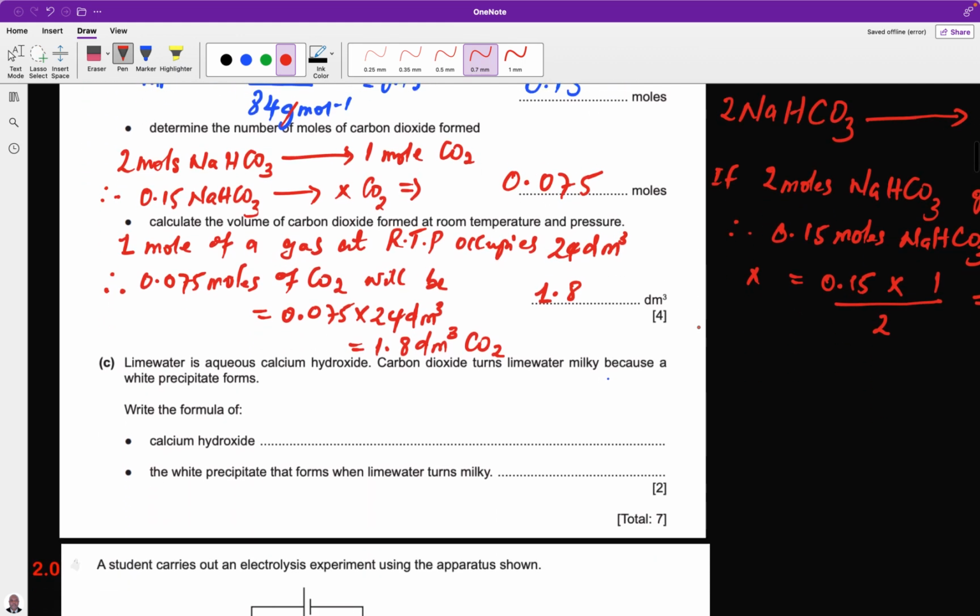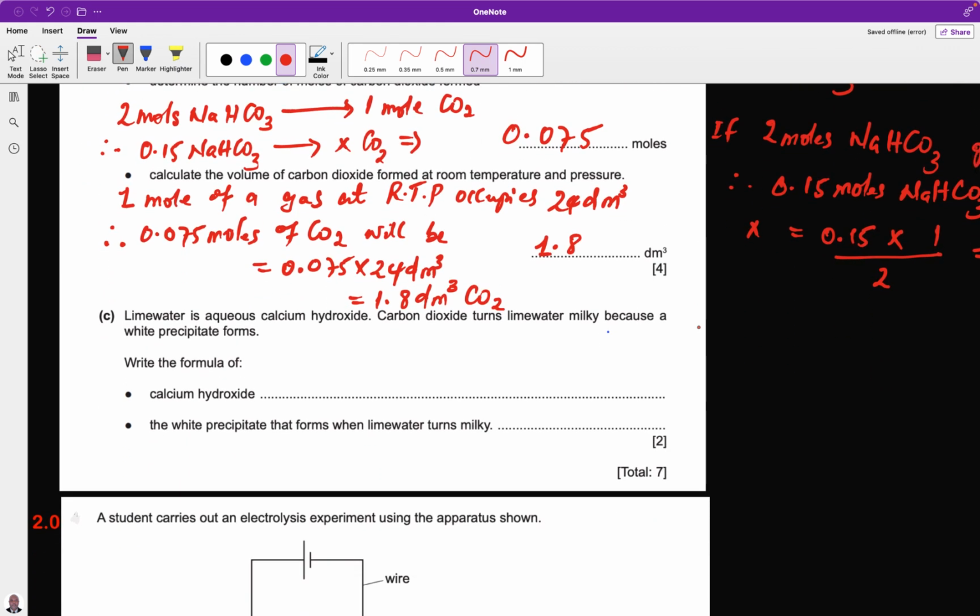Okay, if you do that, we go back to the C part of the question. The C part says, lime water is aqueous calcium hydroxide. Carbon dioxide turns lime water murky because a white precipitate forms.